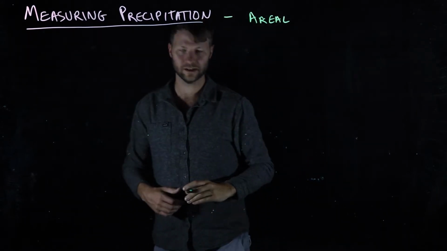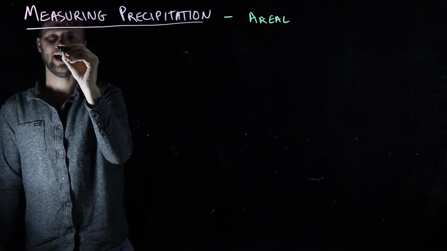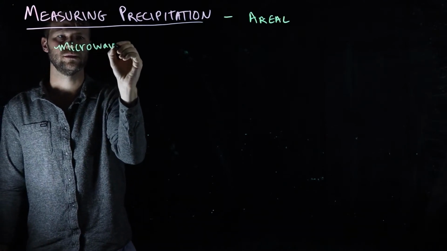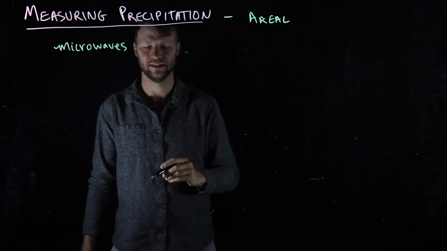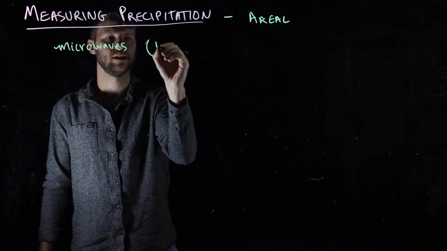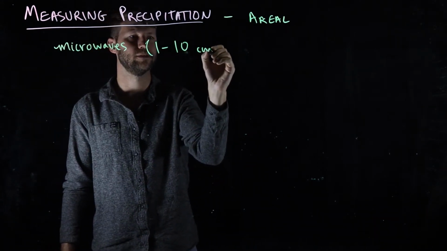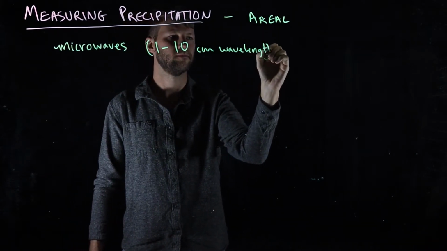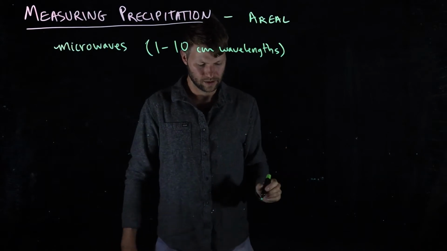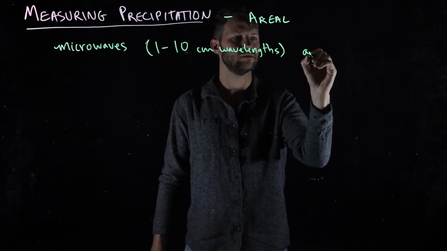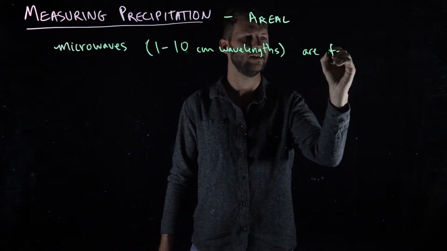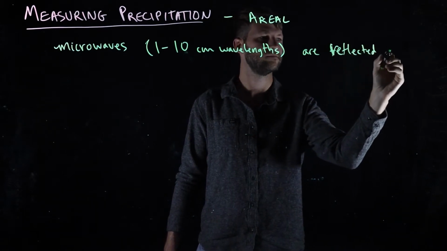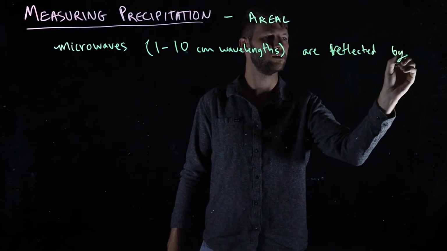And in particular, we rely on the fact that microwaves, or light at a particular frequency, in the 1 to 10 centimeter wavelength band, tend to be reflected when they encounter raindrops or by snowflakes.